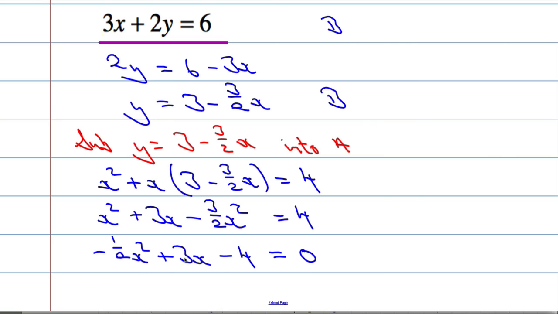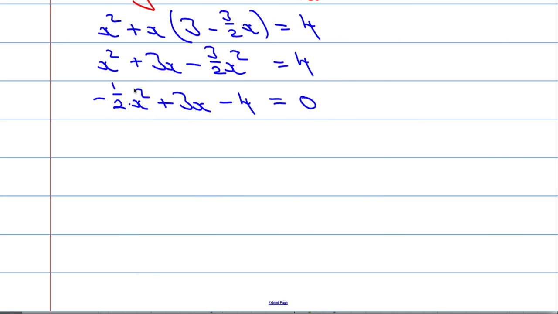Now at this moment in time, it's still quite tricky. Let's just make that a bit clearer. That's a 2. Okay, but because it's equal to 0 now, I can do a few things with it to make life a little bit easier. I'm going to multiply everything by 2 to get rid of this fraction. So I get minus, let's just write that down. We're multiplying everything by 2 to get rid of the fraction.